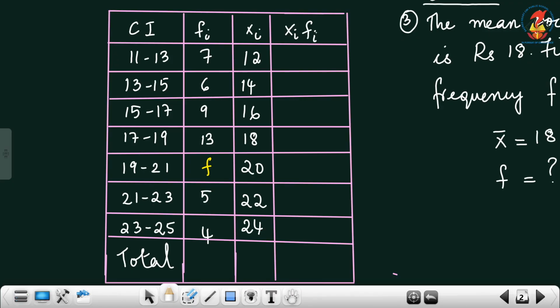Multiply 7 and 12. 7 into 12 will be 84. 6 into 14, 84. 9 into 16, 144. 13 into 18, 234. f into 20, 20f. 5 into 22, 110. 24 into 4, 96.